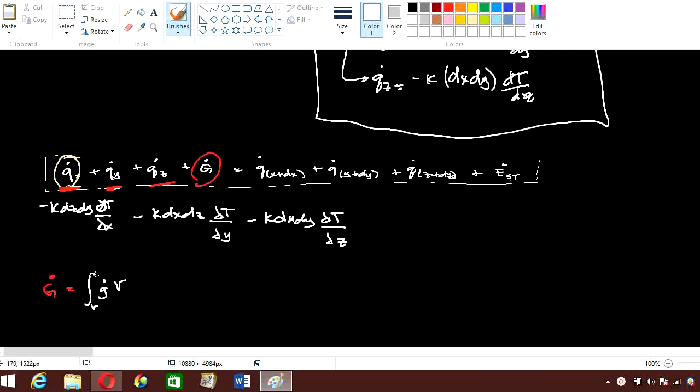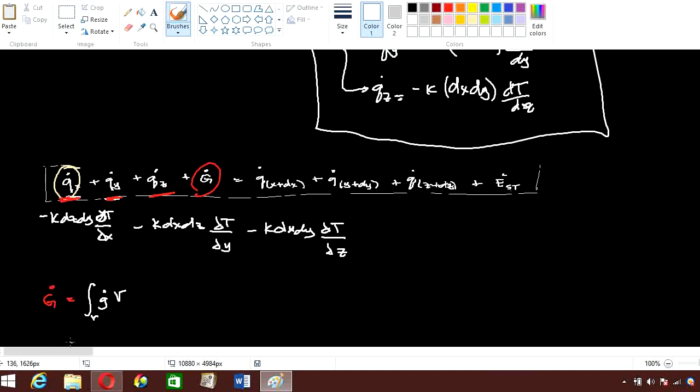So we have the totality of the heat generation of the certain volume. So our G can also be expressed as the heat generation per volume multiplied by the volume of the medium.